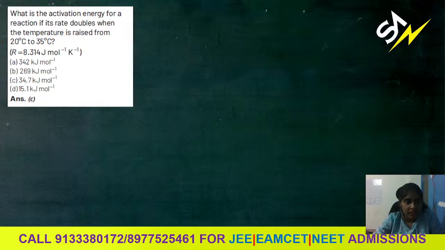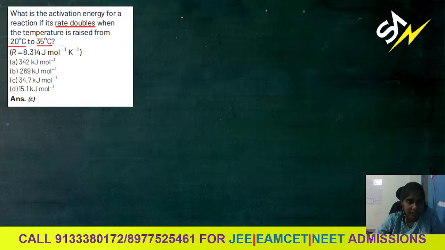Next question: what is the activation energy for a reaction if its rate doubles when the temperature is raised from 20 degrees centigrade to 35 degrees centigrade? Observe first, it is given in centigrade. First convert these temperatures into Kelvin. Next, what is given in the question? The rate doubles.